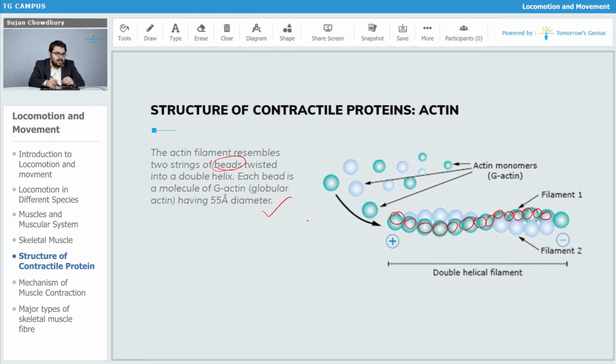The beads are molecules of G-actin or globular actin. You can see here these are the monomers or G-actin which are put together in a string-like structure for formation of actin, and the diameter of G-actin is 55 angstrom. So definitely these structures are very small.